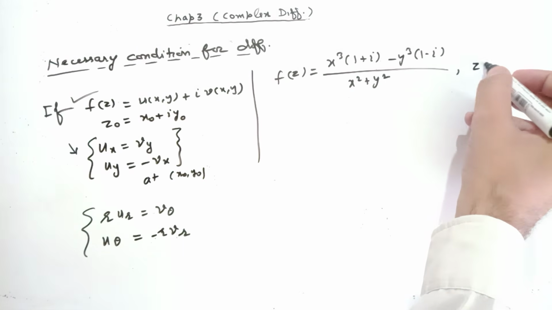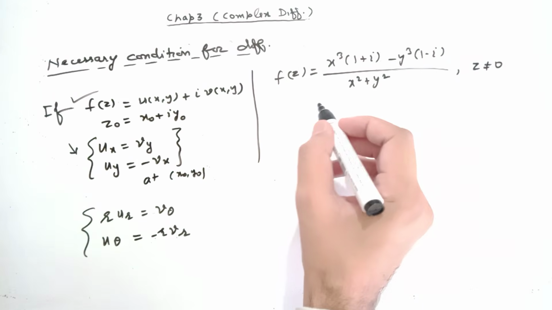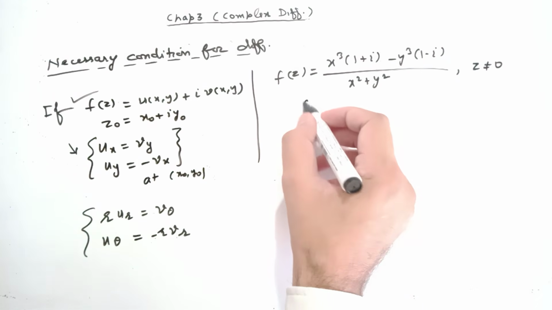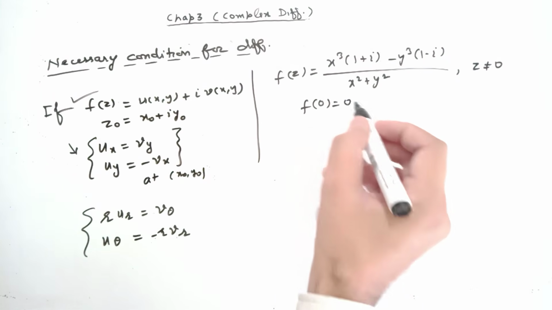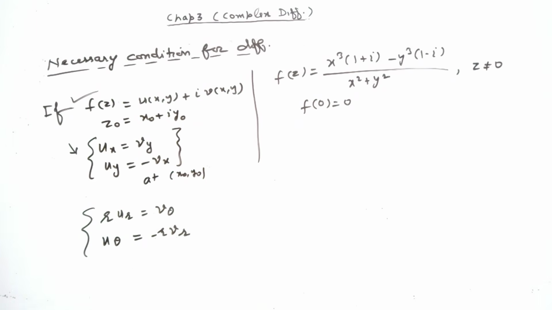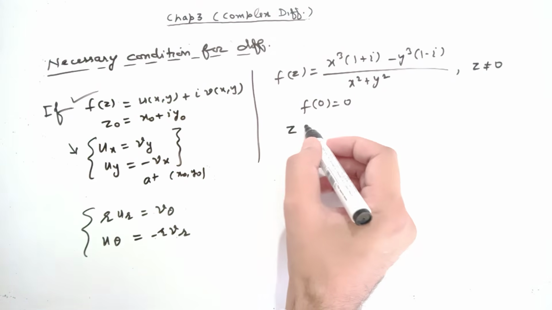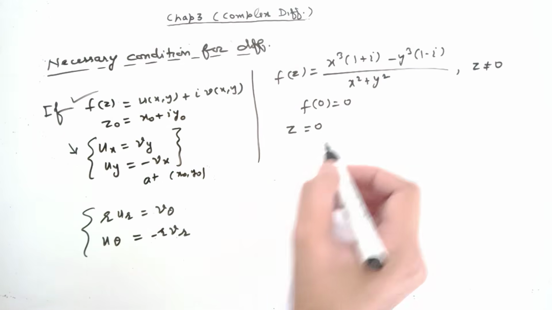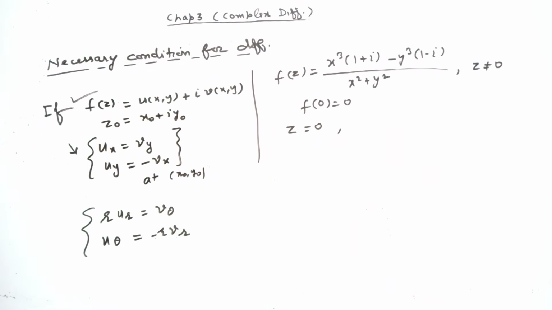This is for z non-zero, and its value is 0 at z equal to 0. So this way the function is defined. For this function, CR equations are satisfied at z equal to 0, but the function is not differentiable. That we have to show.